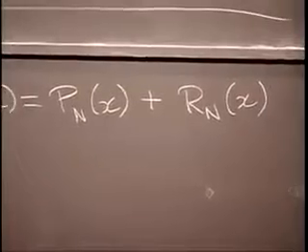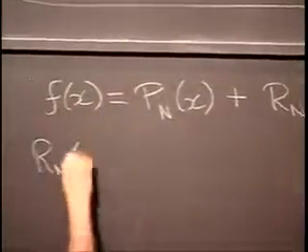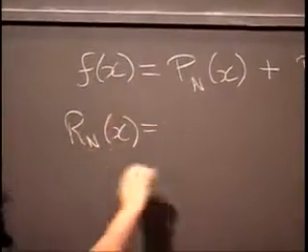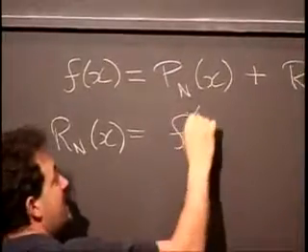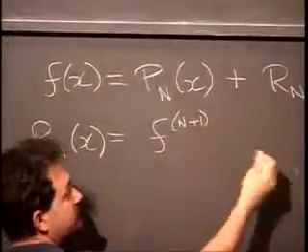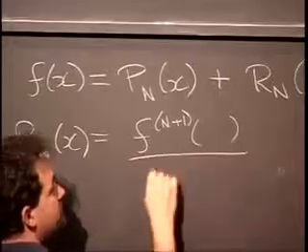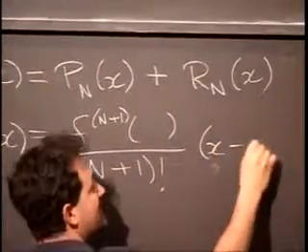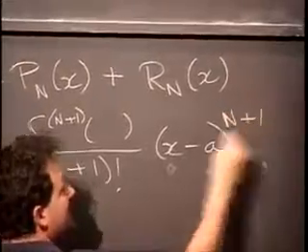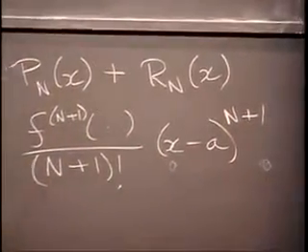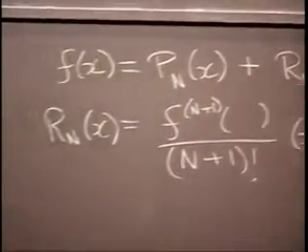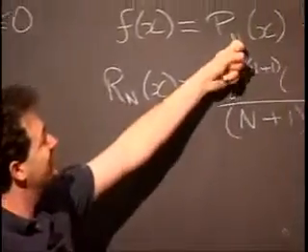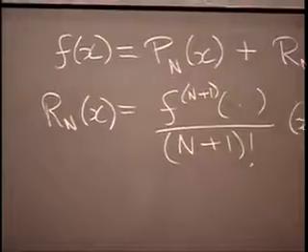And Rn is given by, and this is the real content of the theorem, the n plus 1th derivative over n plus 1 factorial times x minus a to the n plus 1. And if you just plugged in an a there, you'd get the next term of the Pn.